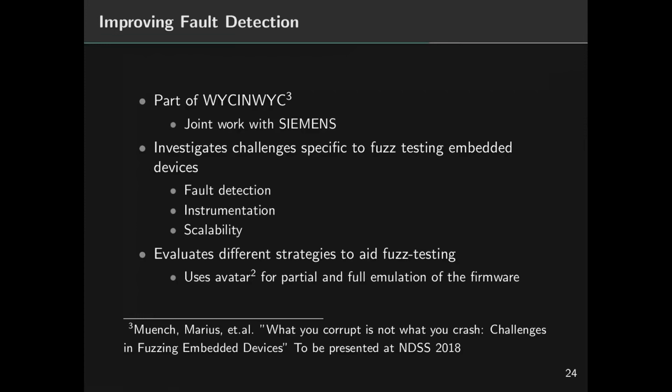In a nutshell, this paper investigates the challenges specific to fuzz testing embedded devices, which are on the one hand fault detection and instrumentation, which we already talked about, but additionally, one more problem is scalability. Fuzz testing greatly benefits from the possibility of running multiple instances of the same software and fuzzing it in parallel.